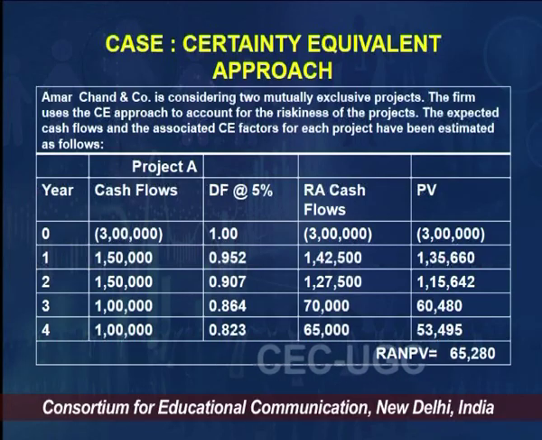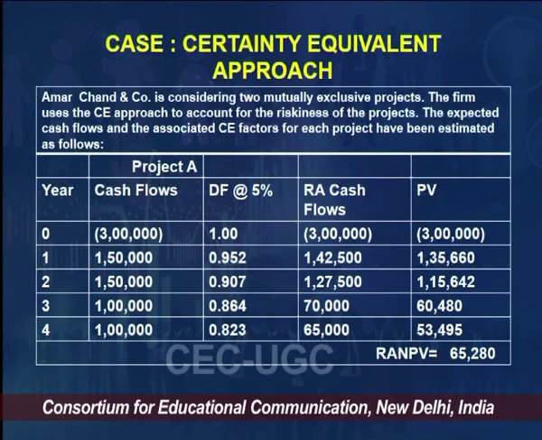So, up to this step we were calculating risk adjusted cash flows. The next step is to discount it. The discount factor was given, that the company is considering 5%, and this is also something after considering the riskiness of the project. So, you need to go to table 1, the present value table of 1 rupee, and find out the discount factor at 5% for all the 4 years, year 1, 2, 3, 4.